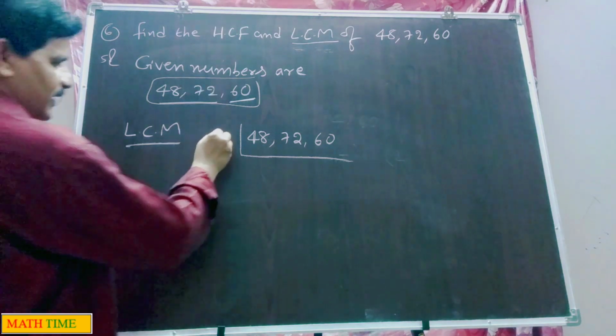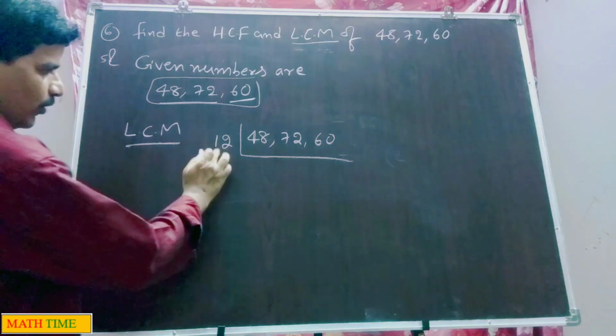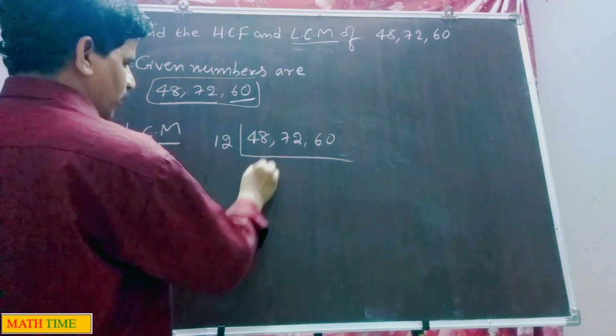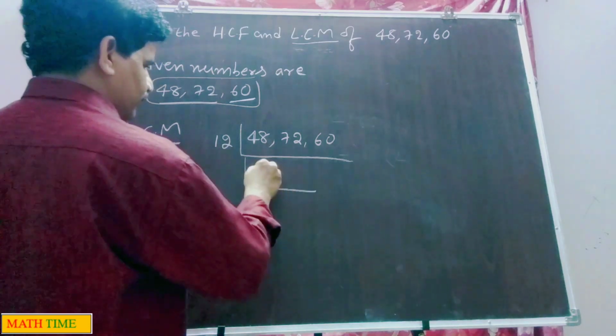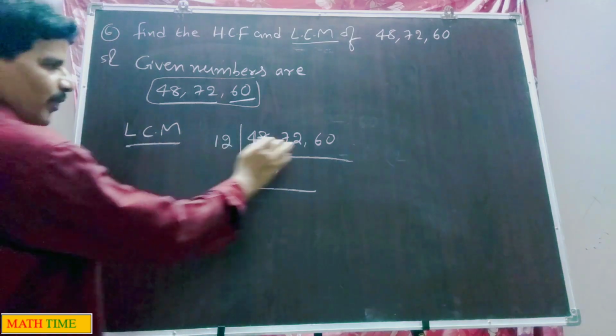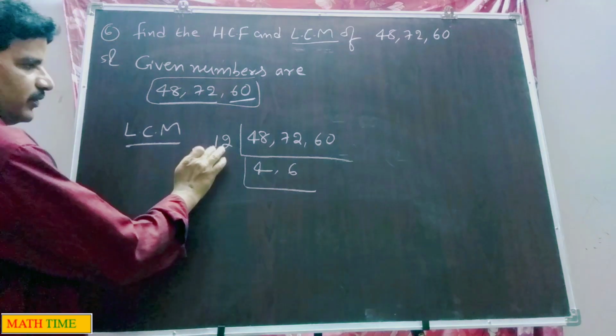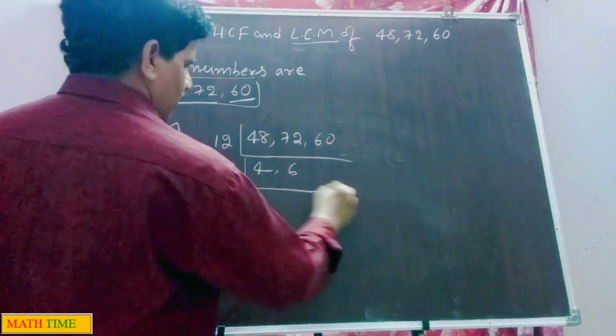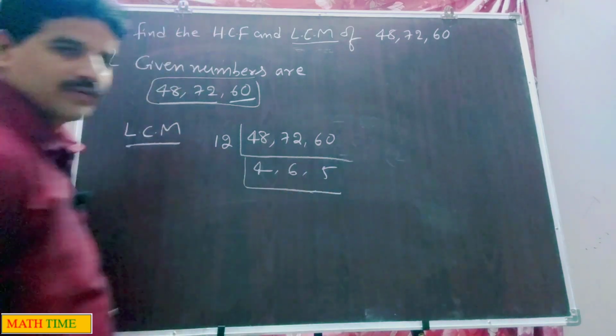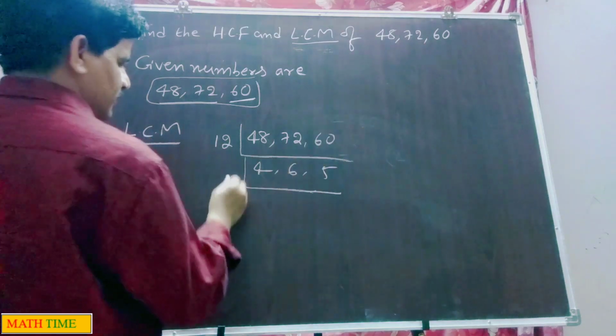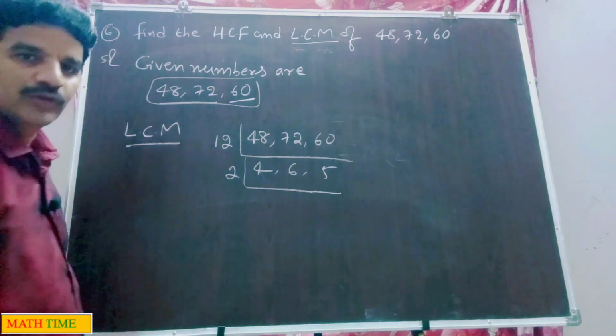Therefore, let us take that factor 12 here. 12 goes how many times in 48? 4 times, 4 12s are 48. 12 goes how many times in 72? 6 times, 6 into 12 is 72. Now 12 goes 5 times in 60, 5 into 12 is 60. Now let us divide with 2.